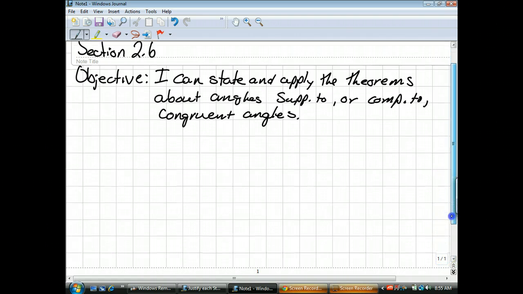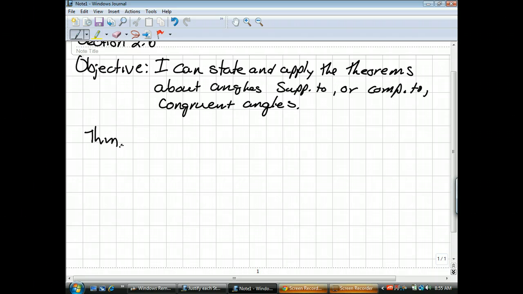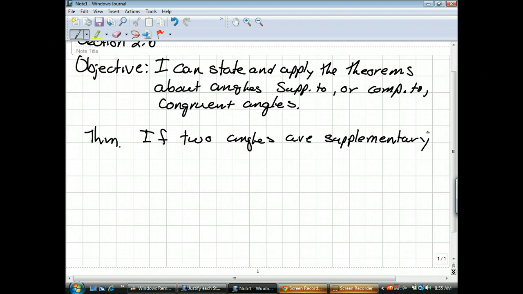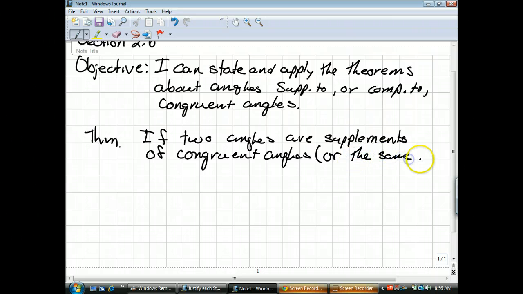So our first theorem today has to do with supplementary angles, and it says if two angles are supplements of congruent angles, or the same angle, then the two angles are congruent.